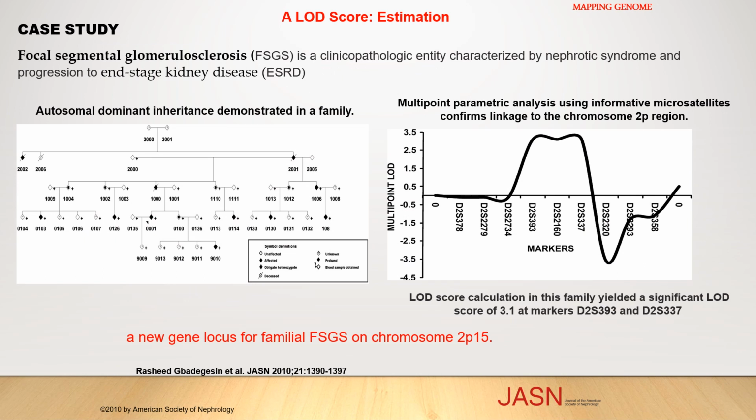Here is an example of a case study wherein the researcher group could identify a new gene at chromosome 2p15 close to markers D2S393 and D2S337 using pedigree analysis and LOD score.